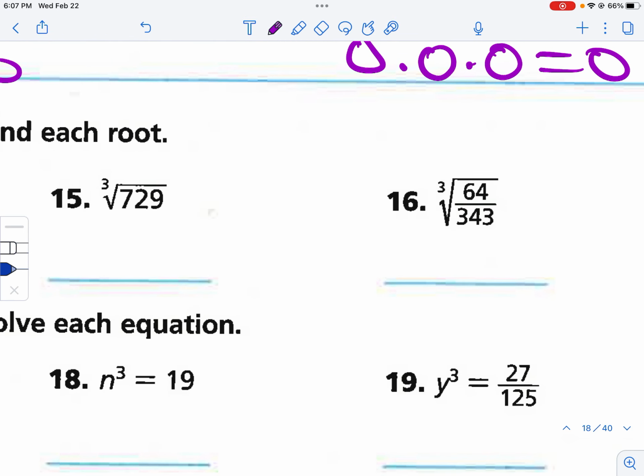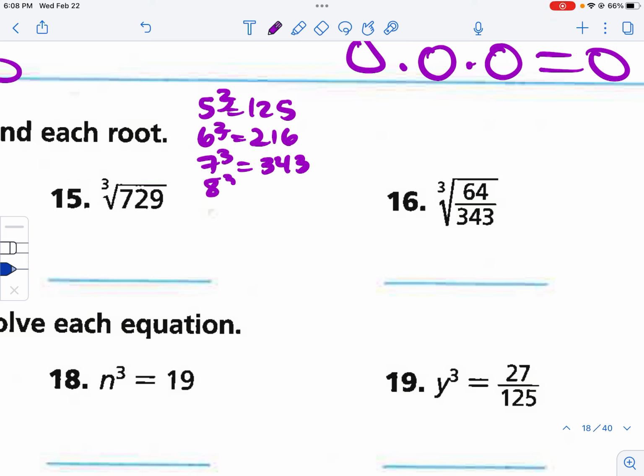Ooh, 729. 5 cubed equals 125. 6 cubed is 216. 7 cubed equals 343. I can't do 8 off the top of my head. So that's going to be 64 times 8.